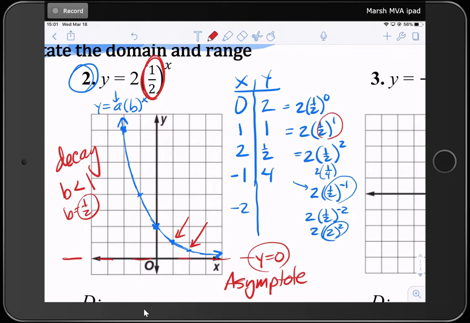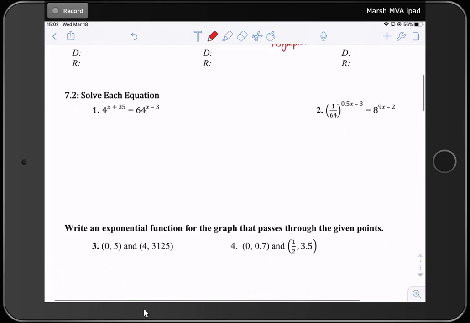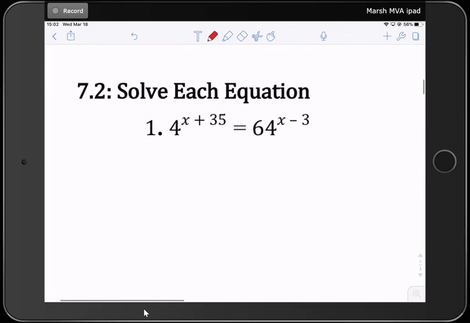Now let's do solving this equation right here. So first thing I notice is I've got my equal sign right here, and I've got something on the left and something on the right. I see that they're exponents. It's 4 to the x plus 35, and it's 64 raised to the x minus 3.